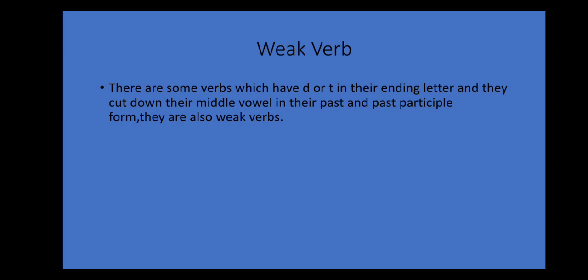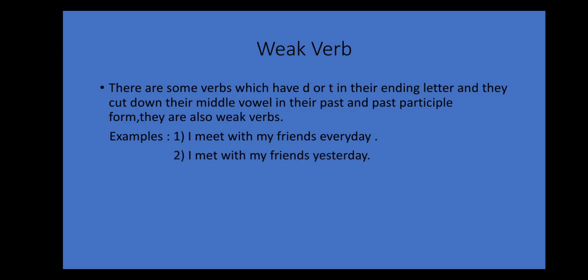Another way to identify weak verbs. There are some verbs which have D or T in the ending letter and they cut down their middle vowel in the past and past participle form. These verbs are also weak verbs. For example, I meet with my friends every day.